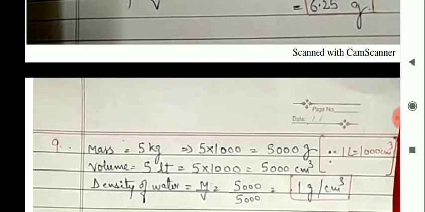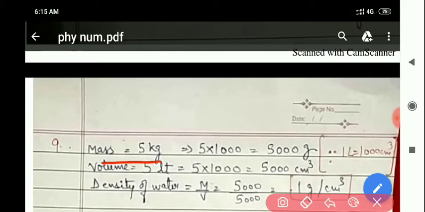See, mass is 5 kg. So we have to convert it into grams. That is 5 into 1000. Then it will become gram. Volume 5 liters is given. We have to convert it into centimeter cube. 1 liter equals to 1000 centimeter cube. It is given in your book.